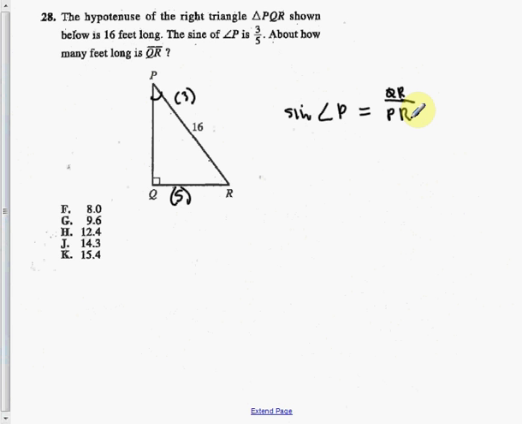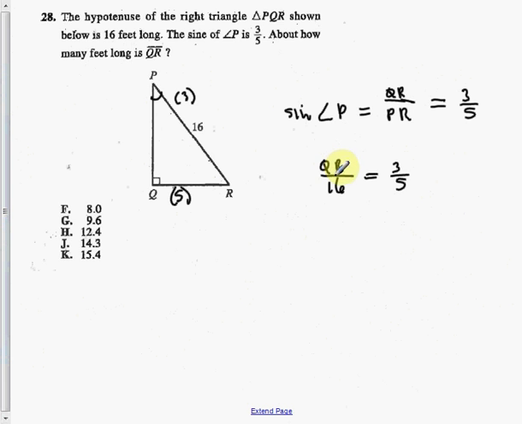But anyway. Okay, so here the sine of P is QR, the opposite, over PR, the hypotenuse, right? But they give us that the ratio is 3 over 5, right? And then they also give us PR. PR is said to be 16. So I got QR over 16 is equal to 3 over 5.